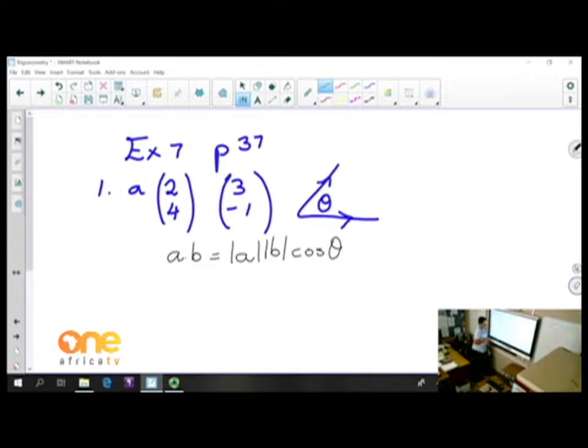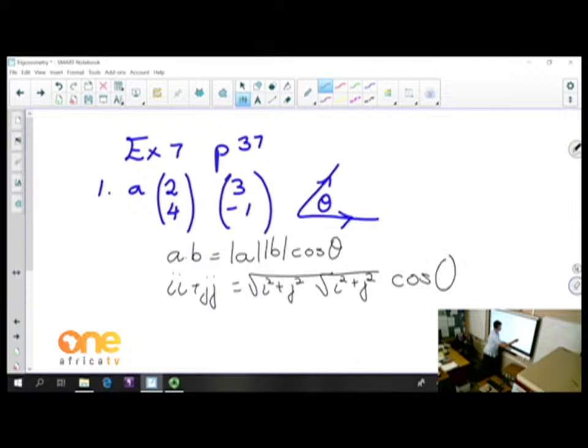There's that one. So what does magnitude mean? ii plus jj is equal to the magnitude of i squared plus j squared, times the magnitude of i squared plus j squared, cosine theta. Finding that angle there.